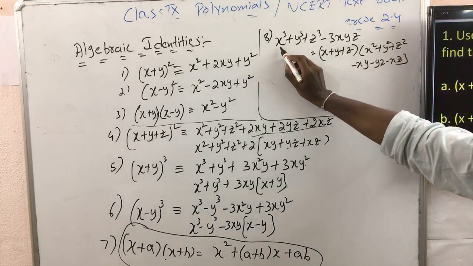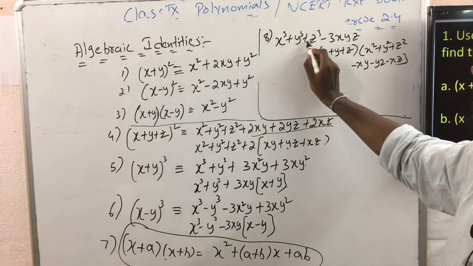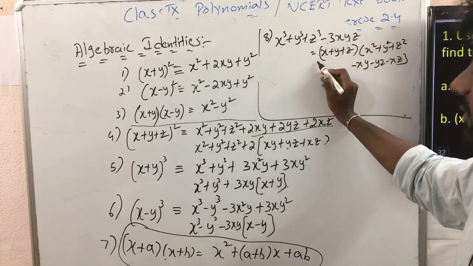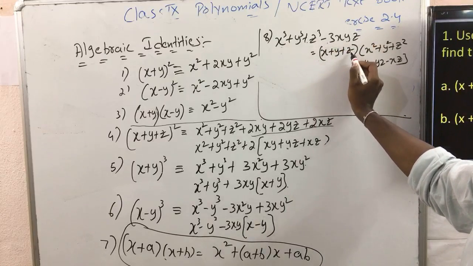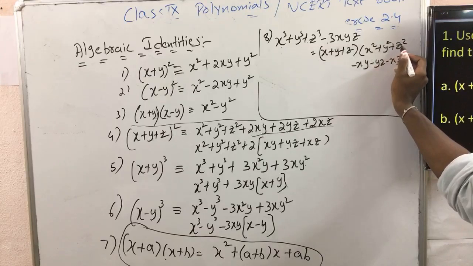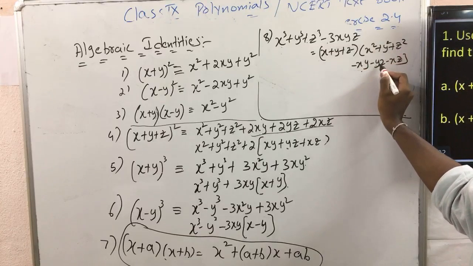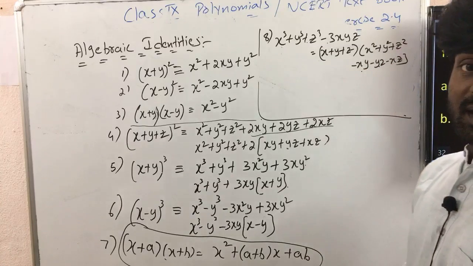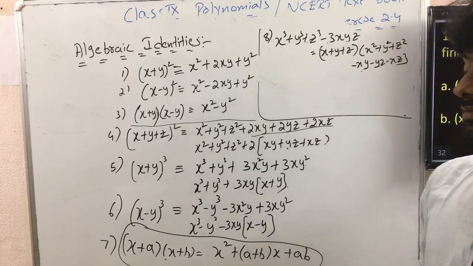So remember this identity: x cube plus y cube plus z cube minus 3xyz equals x plus y plus z into x square plus y square plus z square minus xy minus yz minus xz.